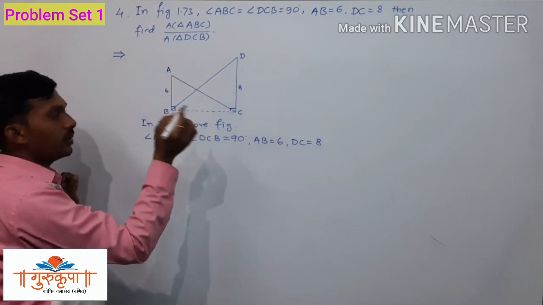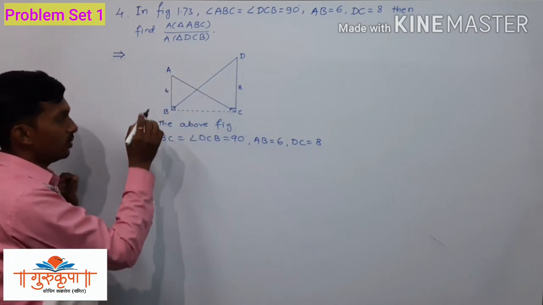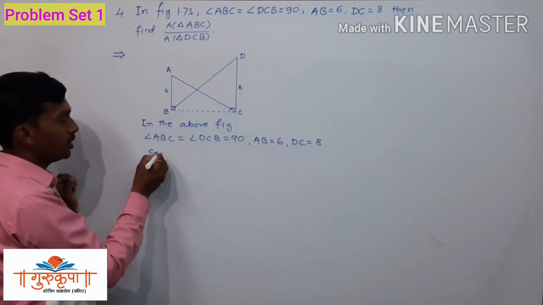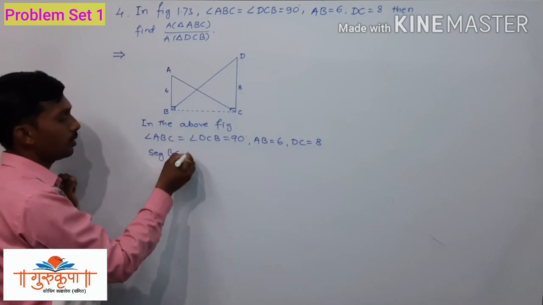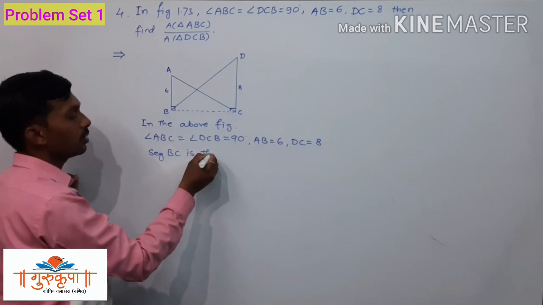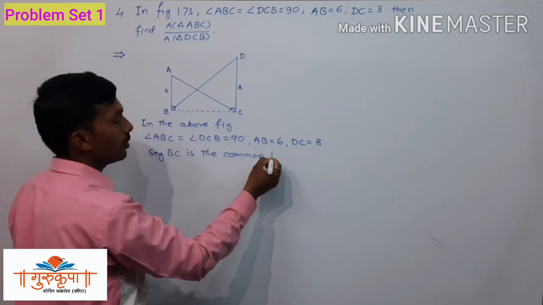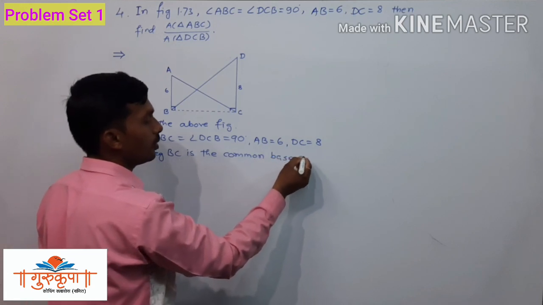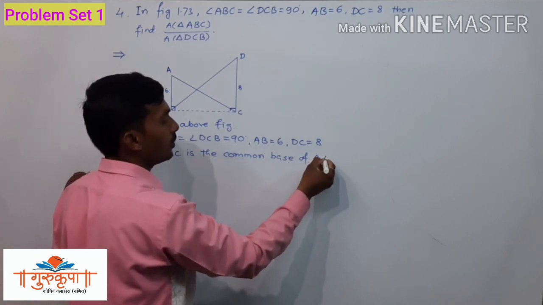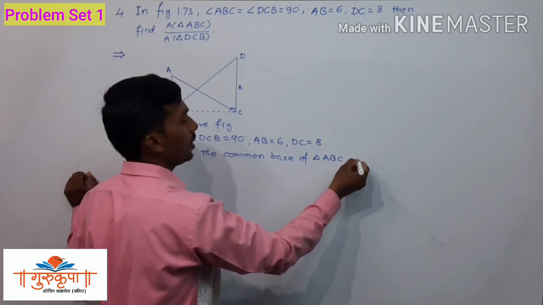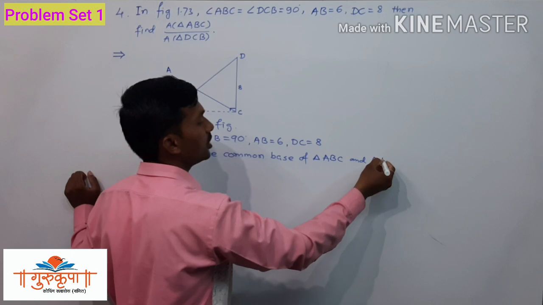So first of all, we will write that their bases are equal. So here we can write, seg BC is the common base of triangle ABC and triangle DCB.